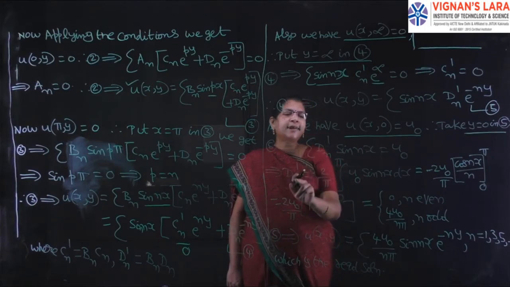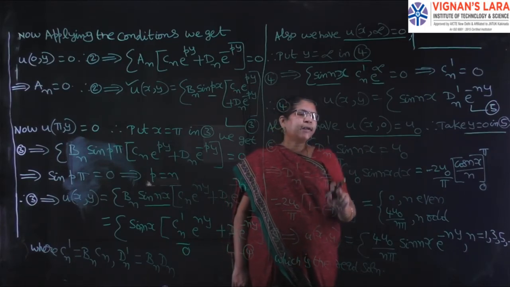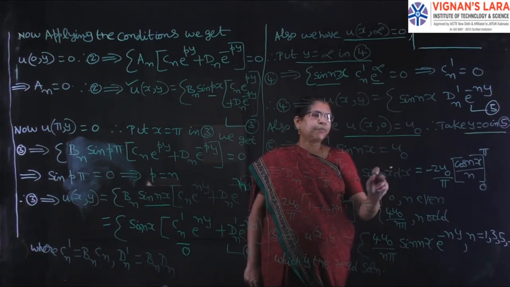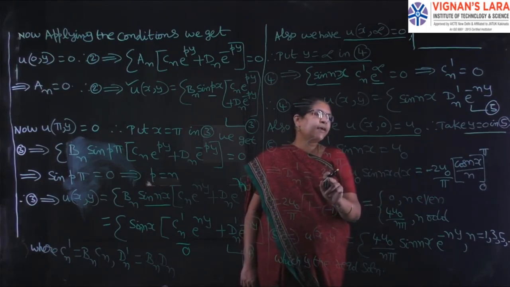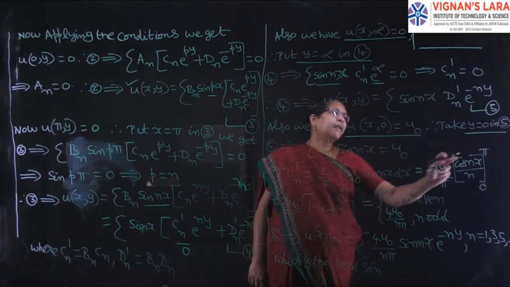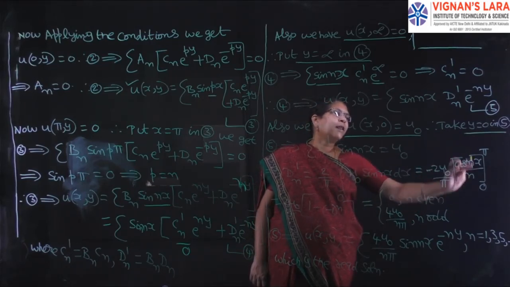What is Dn dash? 2 by pi integral 0 to pi u naught into sin nx dx. 2 u naught by pi is a constant. What is the integration of sin nx? Minus cos nx by n, with limits 0 to pi. What is cos n pi? Minus 1 power n. What is cos 0? 1.